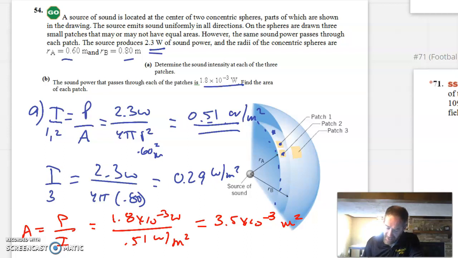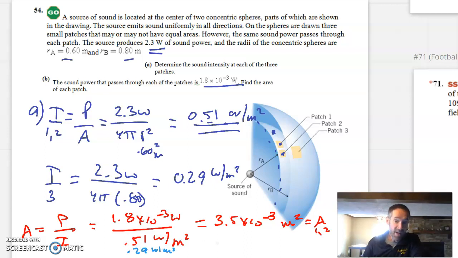And if I did the same thing for number 2, well, all the numbers are the same. And so that area is going to be good for number 1, and it's going to be good for number 2. Now, if I divided by a smaller intensity, 0.29 watts per square meter, well, of course, this answer is going to have to be bigger.